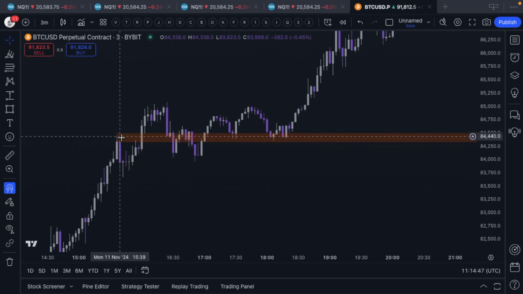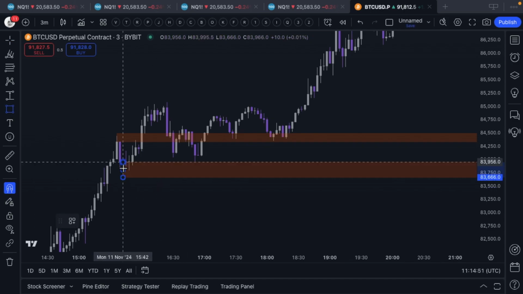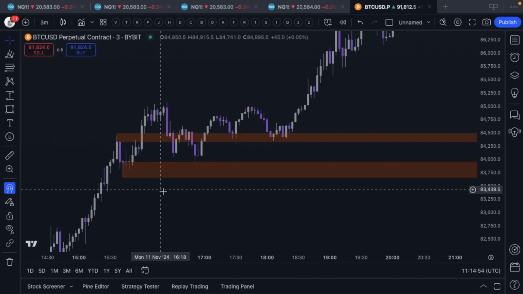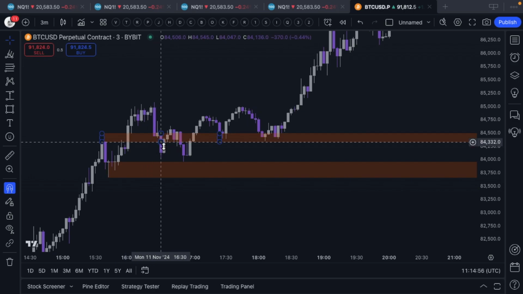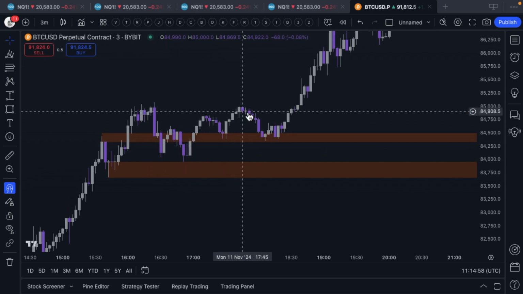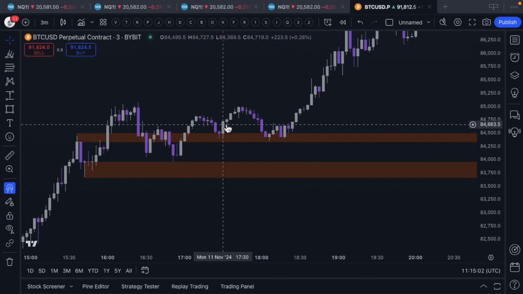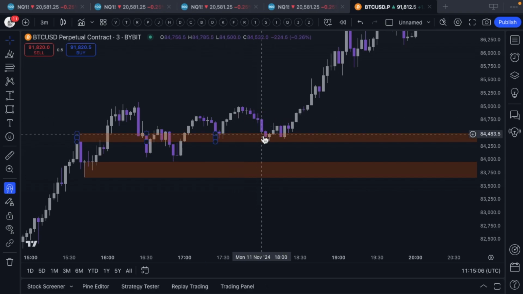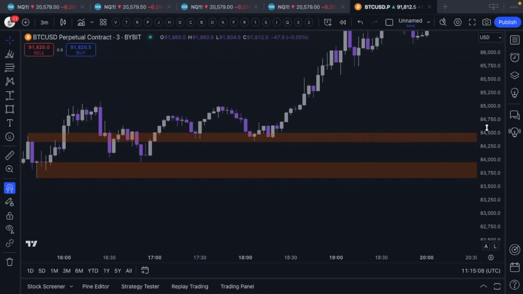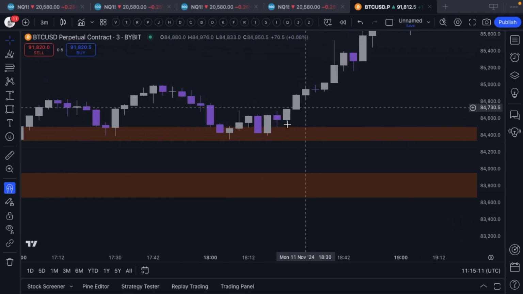So again, we come up, put in the high, we get the pullback. You can mark something out like this. Price breaks above, and now you start to bounce off of this support level. This is a very nice bullish candle here. That might be your signal. This is also a pretty nice bullish candle here.